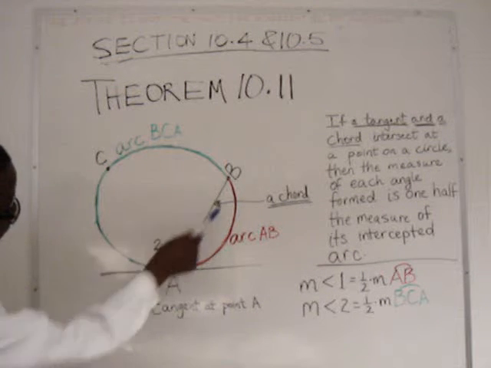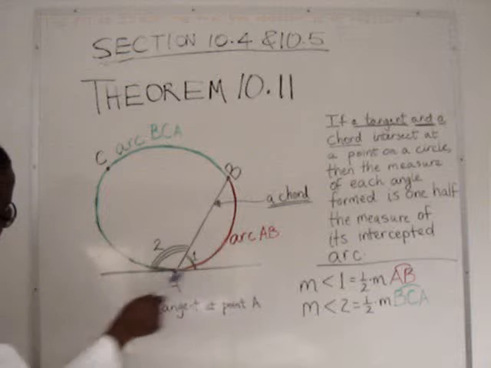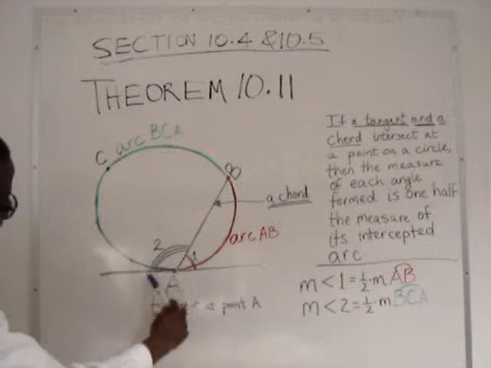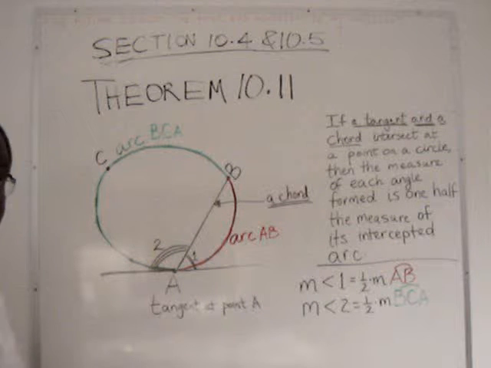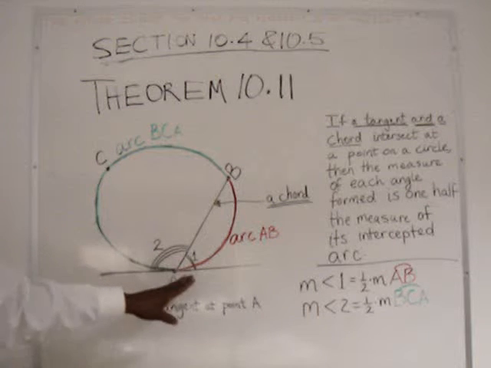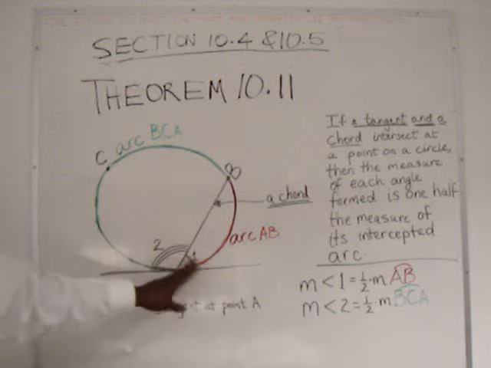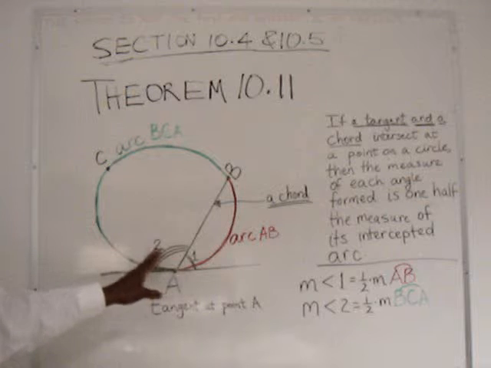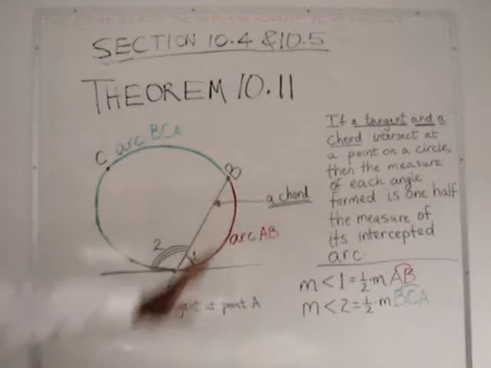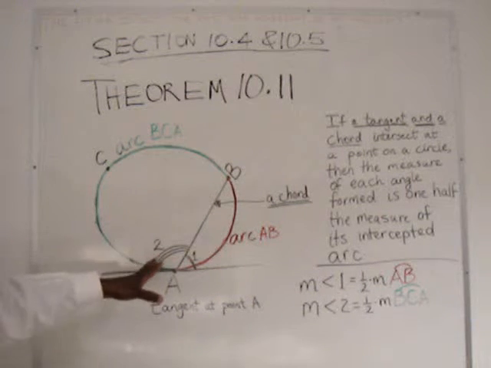Angle 1, because there's a tangent and a chord, so there's this angle, and then there is the angle going the other way. Of course they are supplementary. Measure of angle 1 and measure of angle 2 are supplementary, but that's not what this theorem is talking about. I just made that observation.